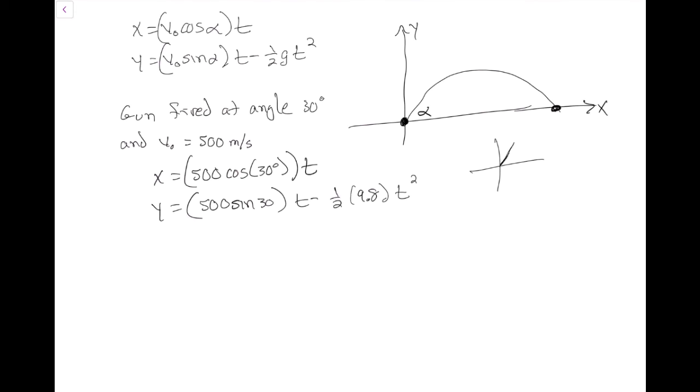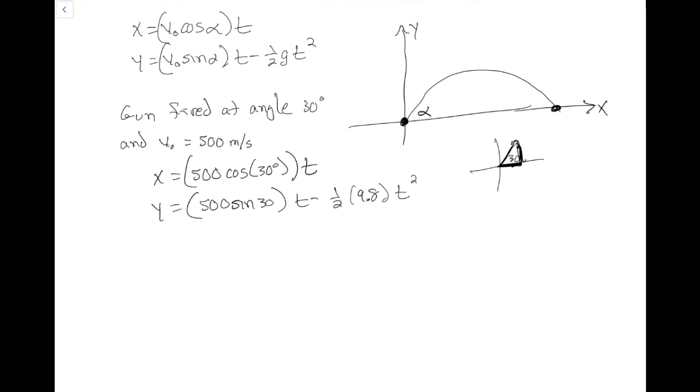If we think of the velocity vector, we're looking at a triangle with a 30-degree angle, and we could find the x direction and the y direction of that vector and derive these equations. For the sake of time in this video, this isn't a physics class, I'm going to skip over that derivation and jump to this application.